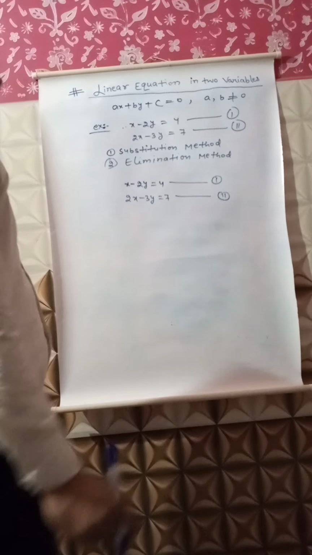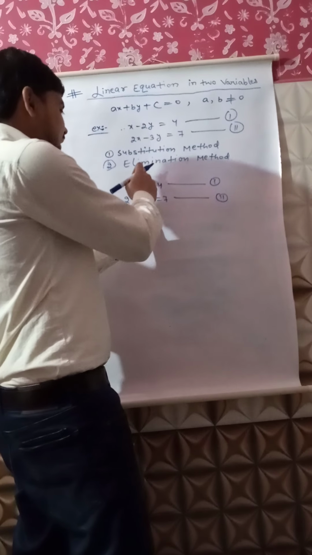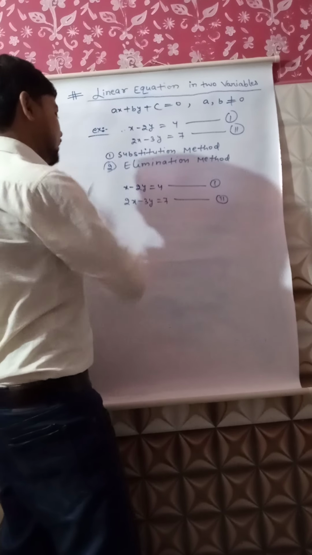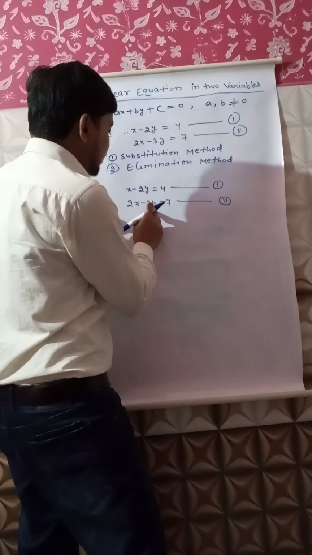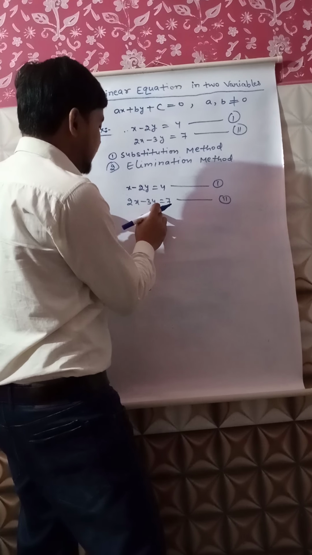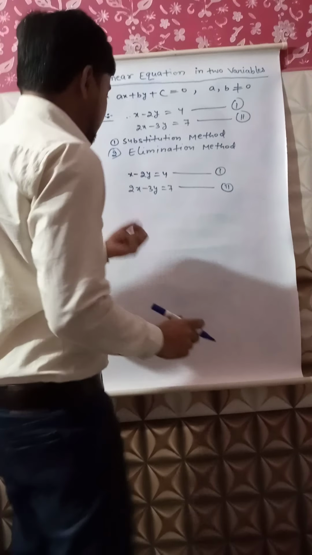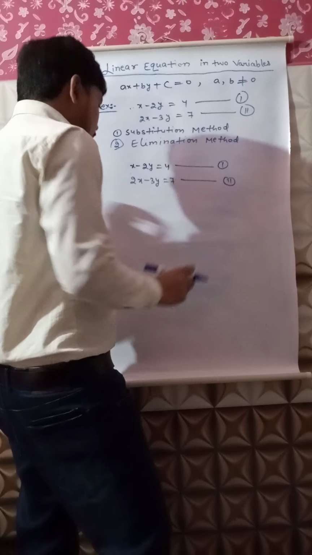In the elimination method, we try to equate either the coefficient of y or the coefficient of x. In our question we are going to equate the coefficient of y.